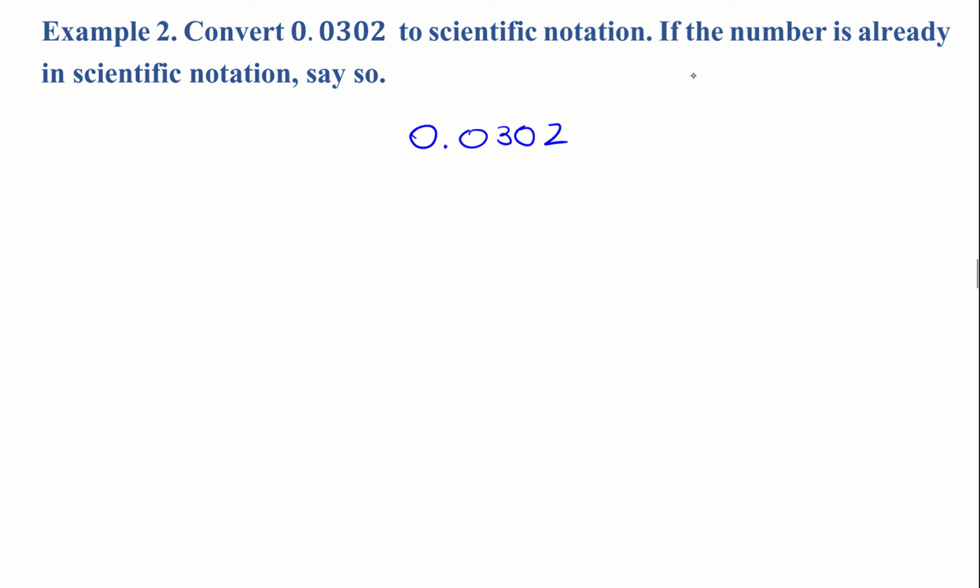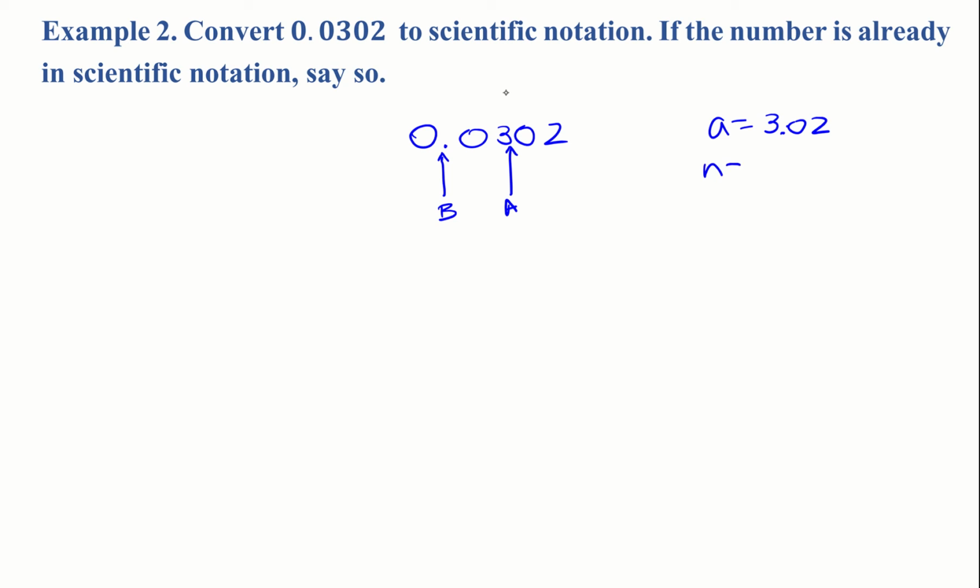We're going to mark that location with A. Now we're also going to mark the original location of the decimal point, which is right here. We'll call that B. Now, the new number we get by putting the decimal point there is going to be 3.02. So that's what we call A.